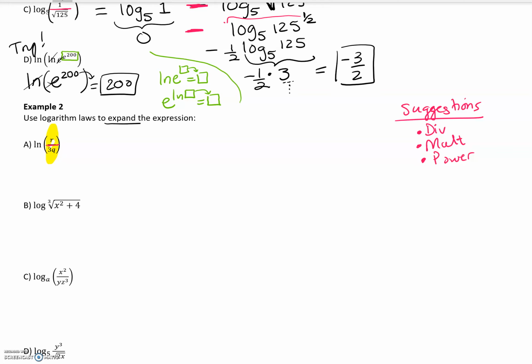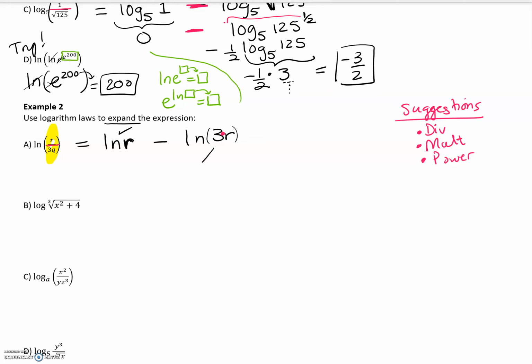So I do see a division here. I'm going to take care of that first. I have ln of r minus ln of 3r. That would be my first step. Remember, 3r is all one term. Now, ln of r, there are no divisions going on for the argument, no multiplication, no powers. So I'm done with that one. There's nothing more I can do to expand. In the second term, I have ln of 3 times r.